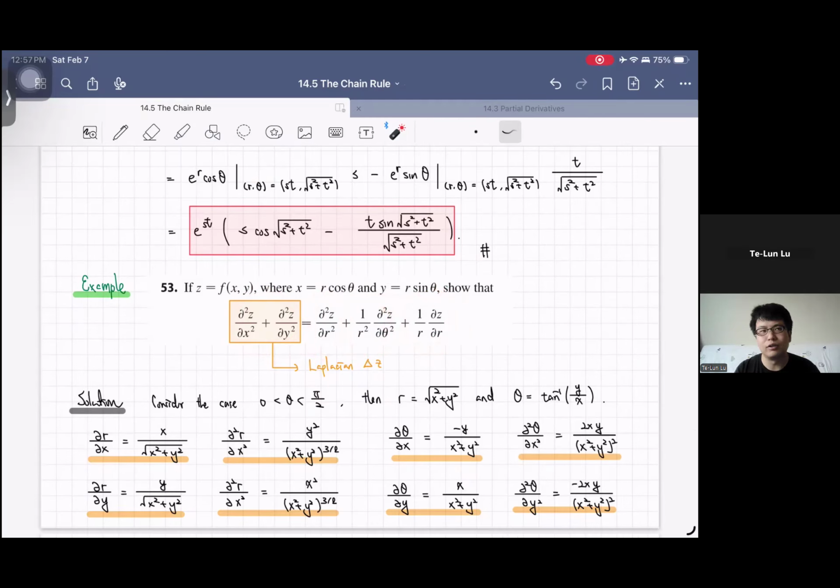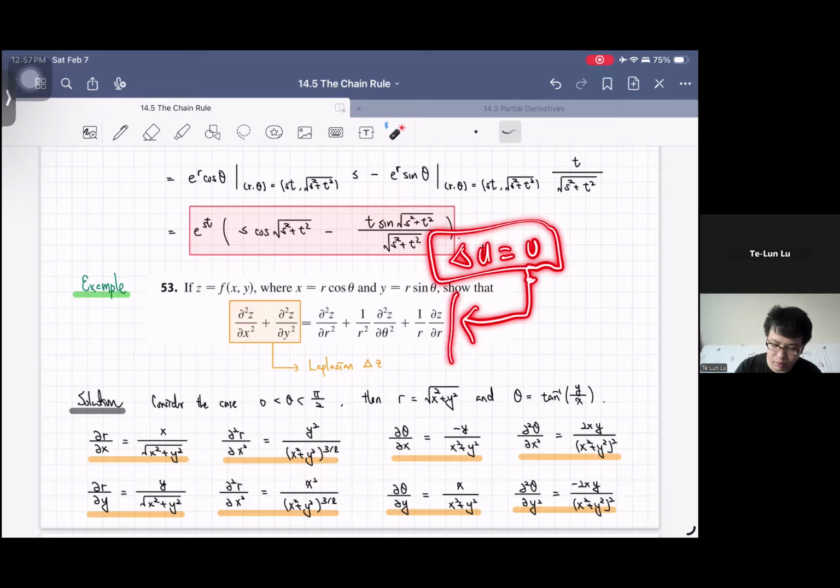And the useful feature here is that when we are solving whether some function has Laplacian 0, we can reduce it to polar coordinates and verify whether it is zero under this kind of notation.